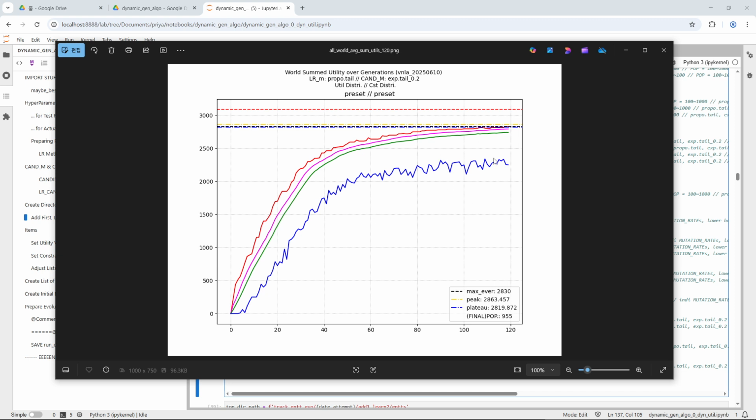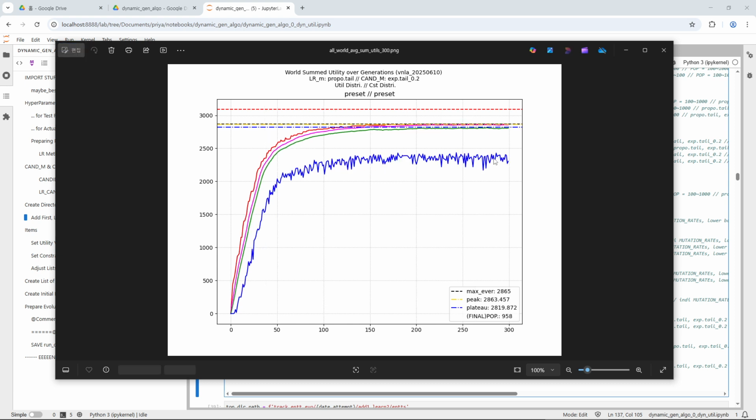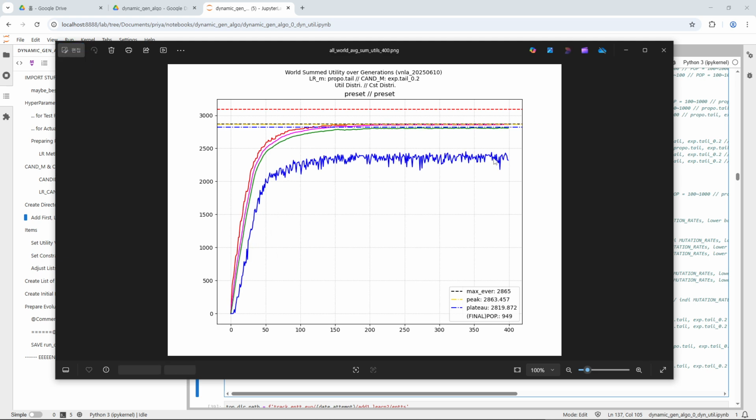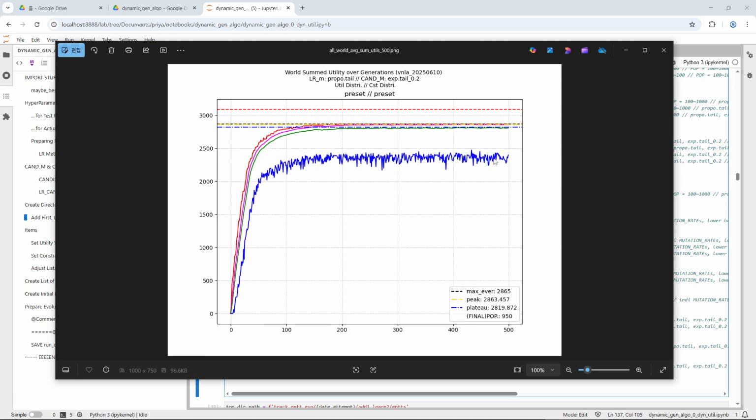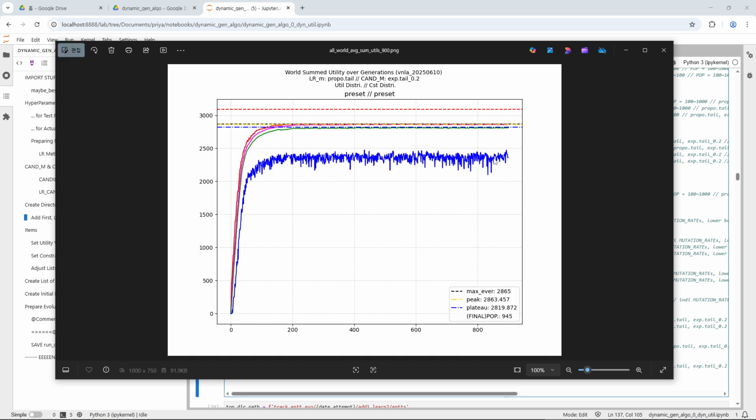So I think that's a very good improvement. It is a small one, but hey, until generation 200, until generation 300, until generation 400, until gen 500, 600, 700, 800, 900, 1000.